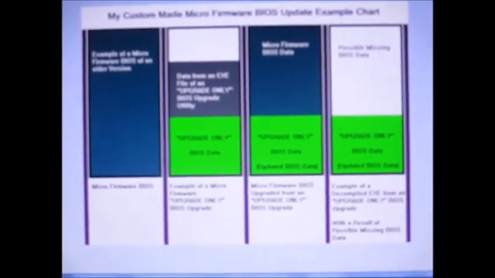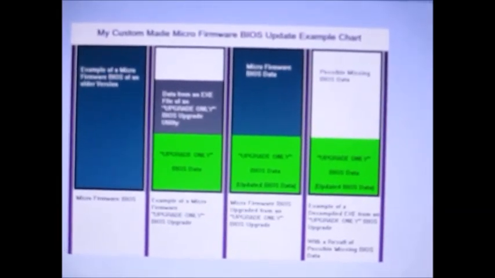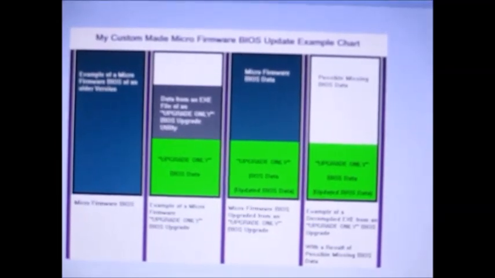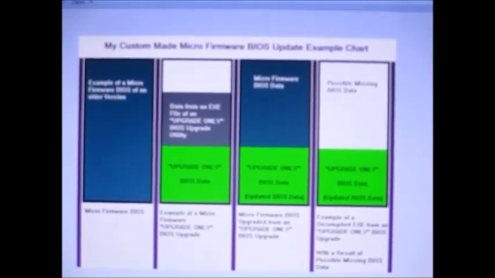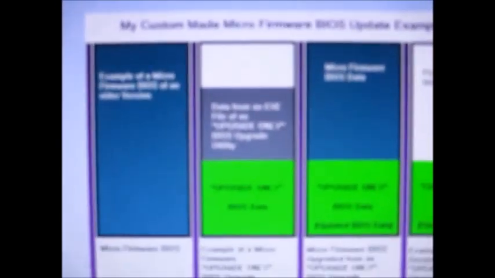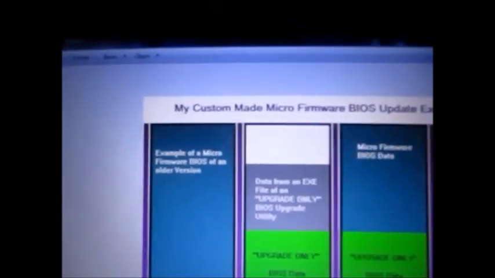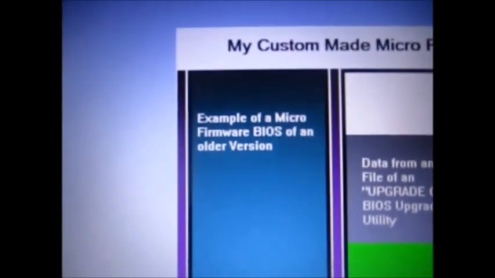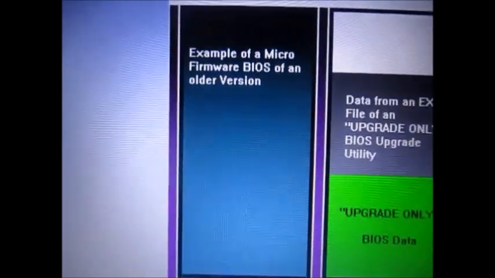But if the program that detects to see if there's a previously installed BIOS can be bypassed, I did read that it might be incomplete, it might not be, I don't know. But here is an example. Let me get up close. You know what? Hold on. I'm going to zoom out. Okay. So this is an example of if there was a micro firmware BIOS of an earlier version already installed.